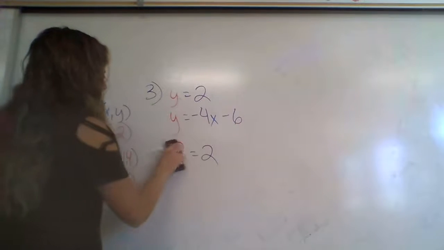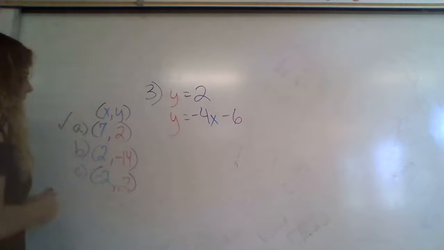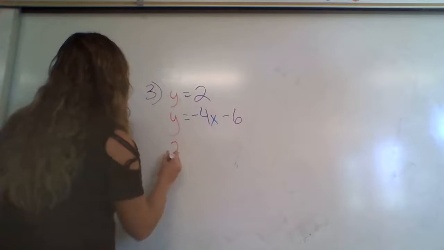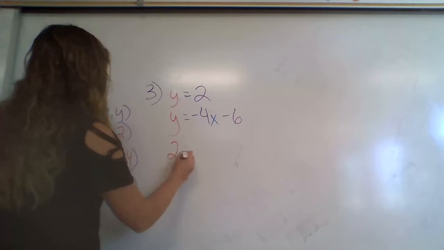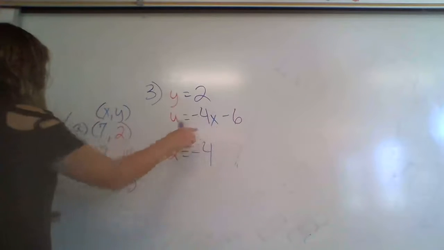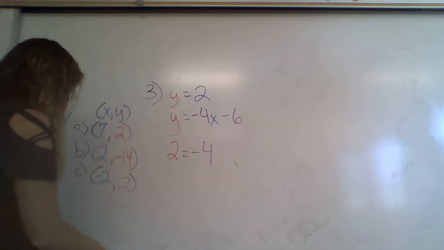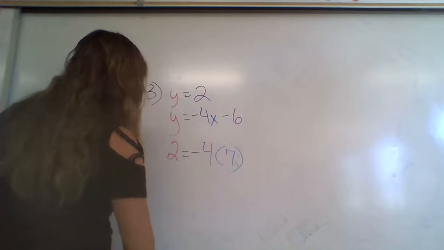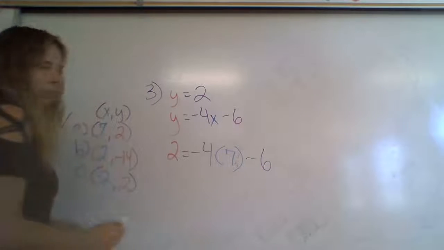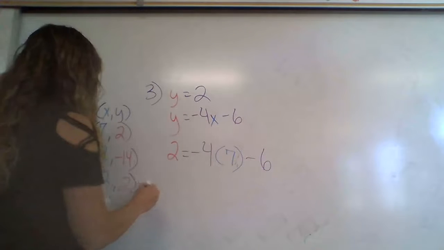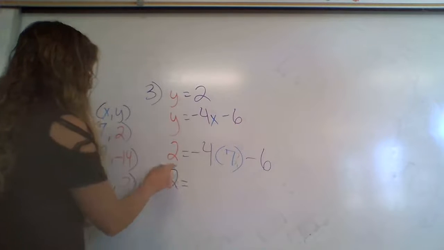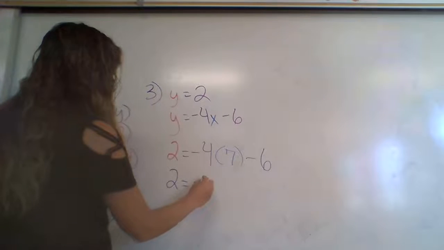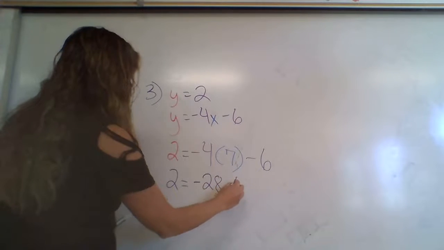Let's find out. So substitute it in. y is 2. -4 times x. x is 7. -4 times 7 is -28 minus 6.